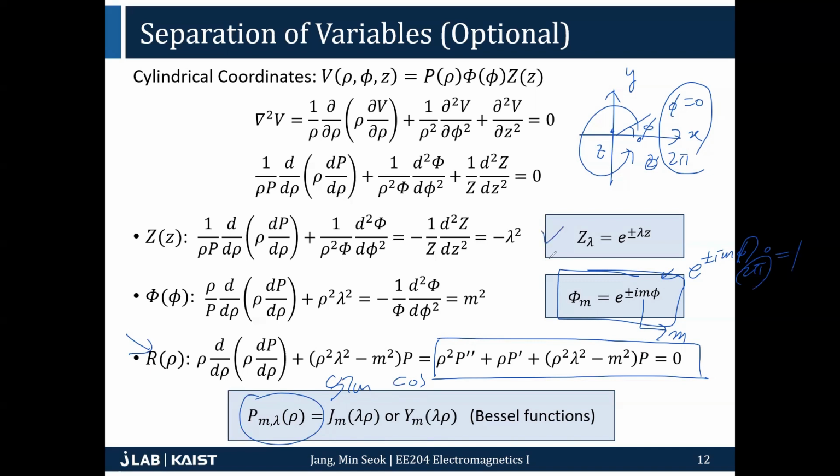Okay, and these three forms are what we call cylindrical harmonics. This forms the basis functions for cylindrical coordinates. And then every function can be expanded into a series solution of these. And all you need to do is determine the coefficients by solving the problem.